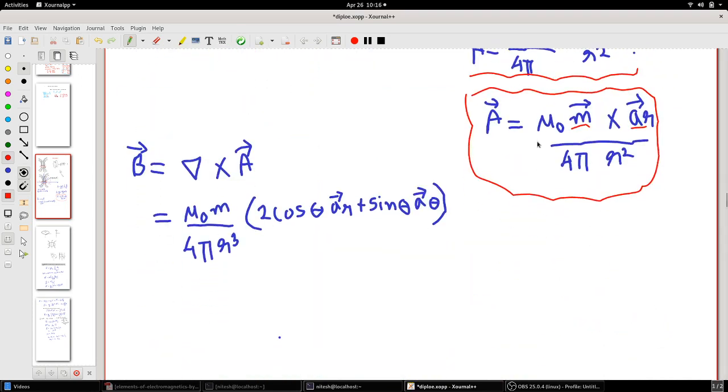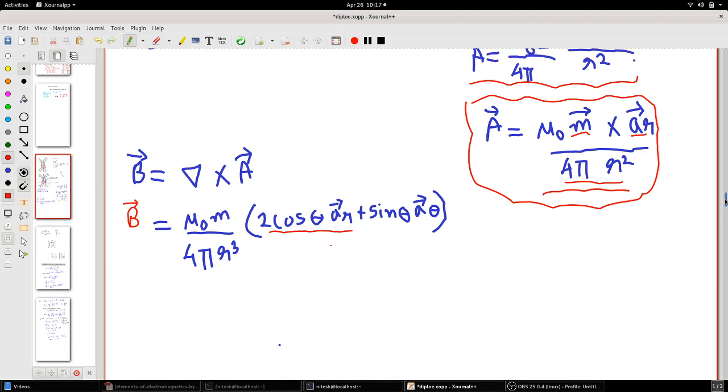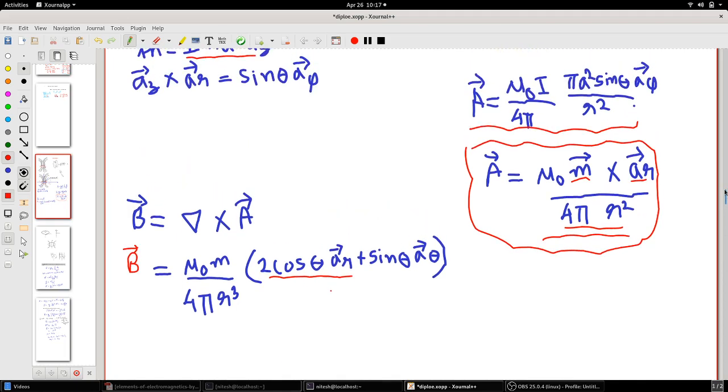So mu 0 m cross AR divided by 4 pi r square is the result that you get. And if I solve it, what I get is mu 0 m by 4 pi r cube, into 2 cos theta AR plus sin theta a theta, is the expression for B. Right now we'll just use this result, keep this result in mind. You can refer to the book for this.